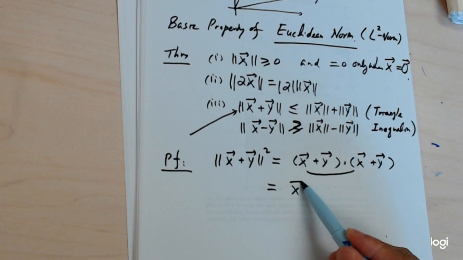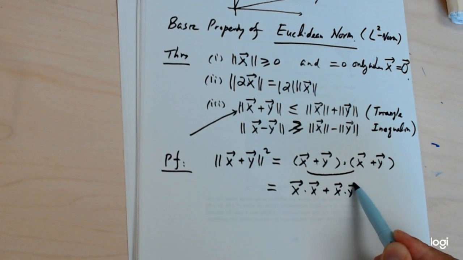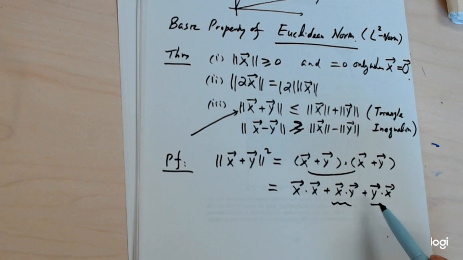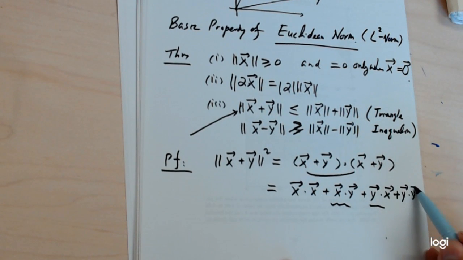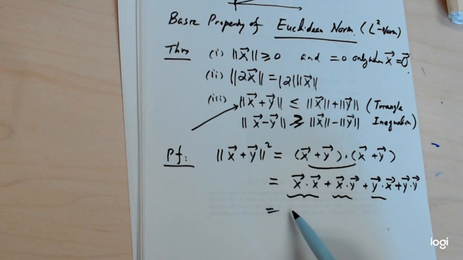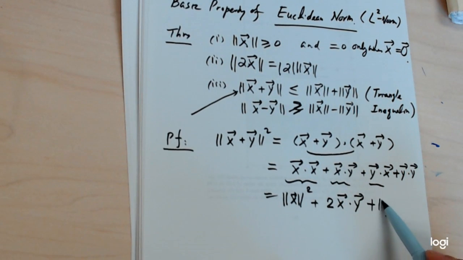It's x dot x, then x dot y, y dot x. Those two numbers are the same. So that is really the square of the magnitude of x. The middle term is 2 x dot y, followed by the norm of y squared.